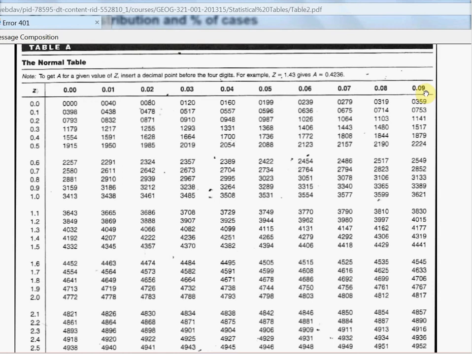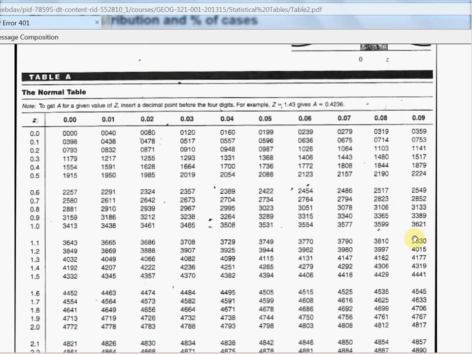If you find the percentage that corresponds to 1.09, where do you go? You first go to 1.0, then you read across until you hit the column with heading 0.09. So this percentage corresponds to z-score 1.09.